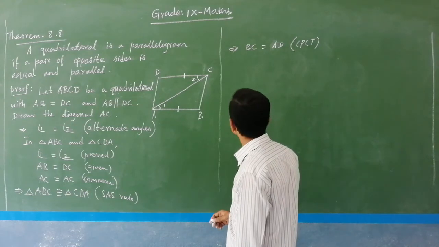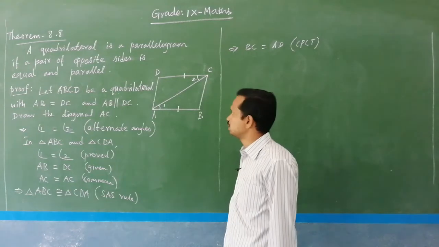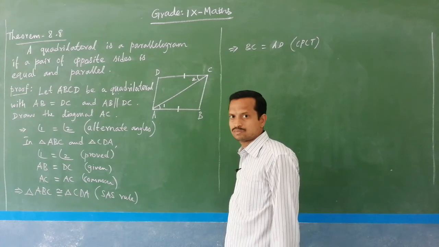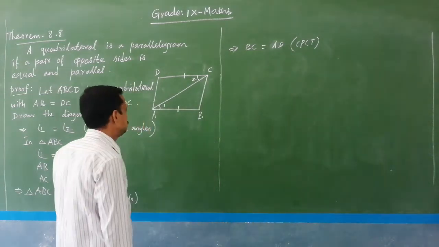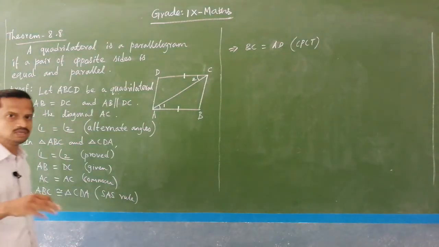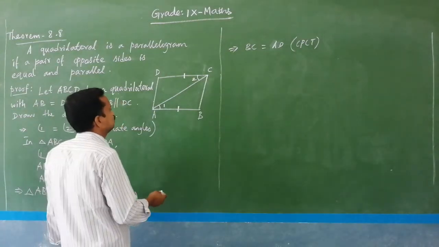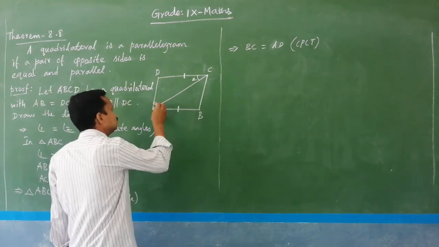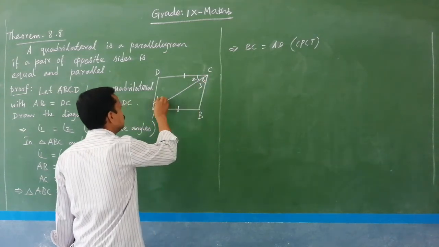And now we have proved BC and AD are equal, but you have to say these two are parallel. How to say? After saying these two triangles are congruent, the corresponding angles are also equal, that is CPCT. Let us take this angle 3 and this angle 4.